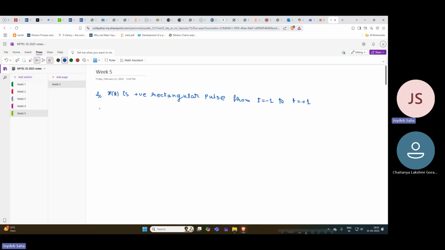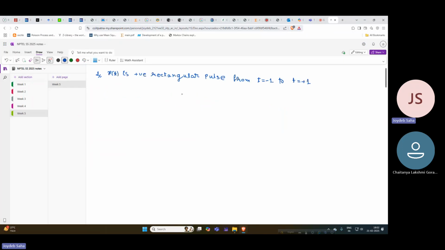Fine. So how will it look like? It is looking like this: this is 1, -1, +1. This is x(t). This is t.